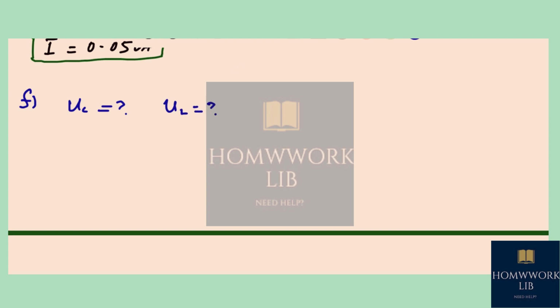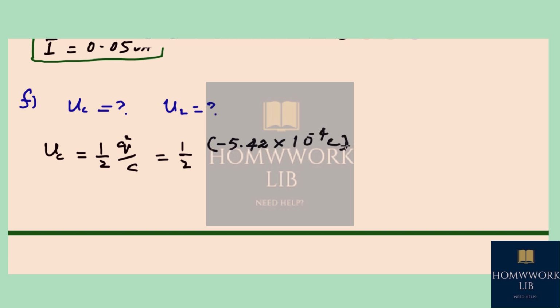The energy stored in the capacitor at the given instant is UC equals 1 divided by 2 small q squared divided by C. This can be written as 1 divided by 2 times small q, which is minus 5.42 × 10^-4 coulomb, whole squared, divided by C, which is 6.00 × 10^-5 farad.